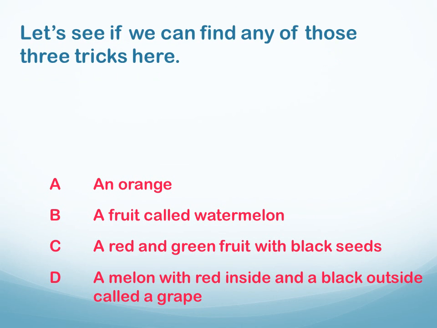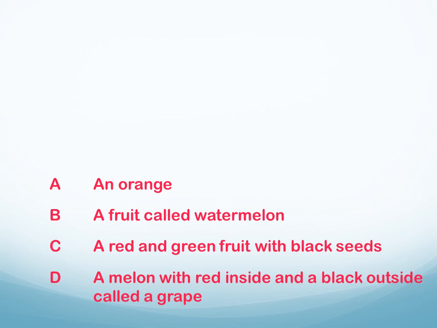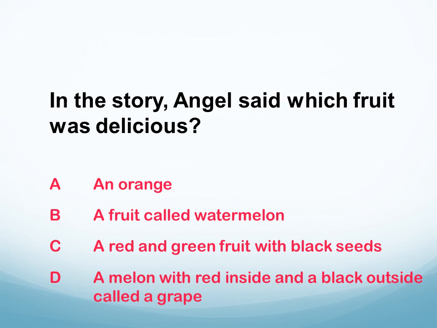Let's see if we can find any of those 3 tricks here in this problem. In the story, Angel said, which fruit was delicious? Starting with answer choice A, we have an orange. Are any of those tricks present here?